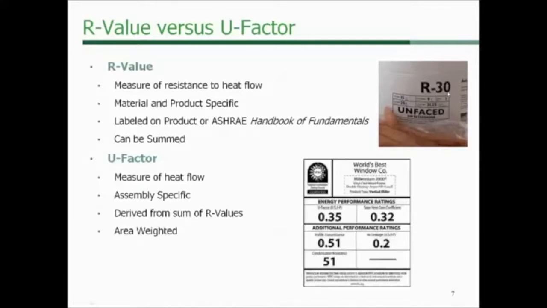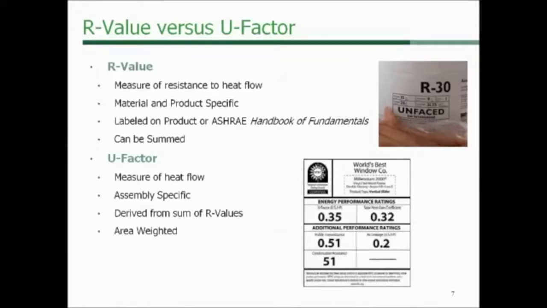That's usually what you're used to seeing: a batt of insulation with a certain R value. But materials have resistances too. For example, wood has a typical resistance of 1.25 R per inch of thickness. And they're either labeled on the product or they're in the ASHRAE Handbook of Fundamentals.